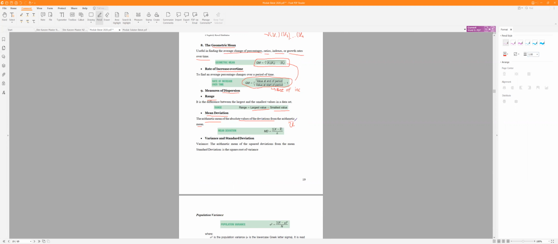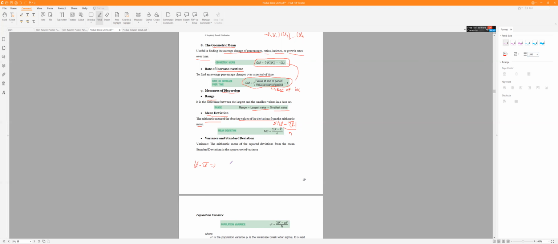If you have already found the mean, it's x with a bar on it. So the data minus the mean, divided by n. This is how to find one of the data points for the mean deviation. And to find the mean deviation itself, you have to sum this. Just sum the top. The sum of x minus x bar.